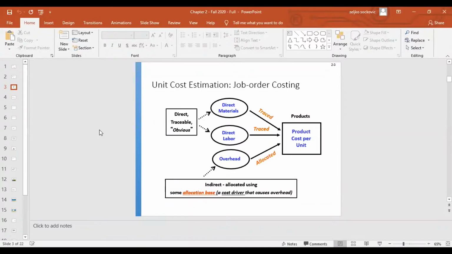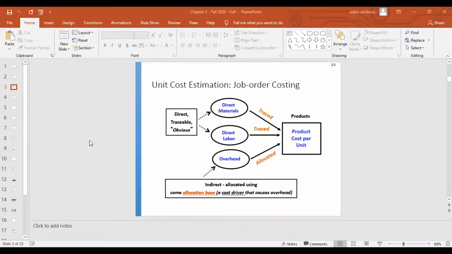But we pick one of those and say, well, let's use machine hours, or let's use labor hours, depending on the cost structure of those two things, how much these cost drivers are driving the cost of our overhead.